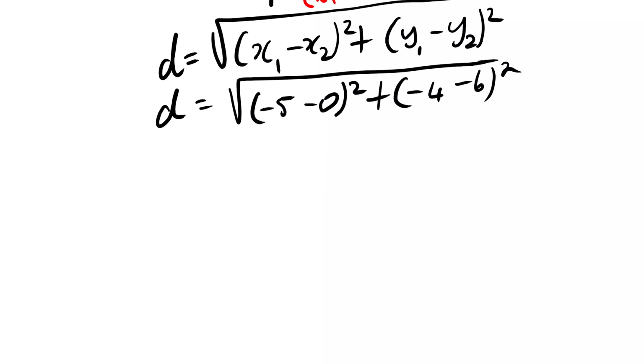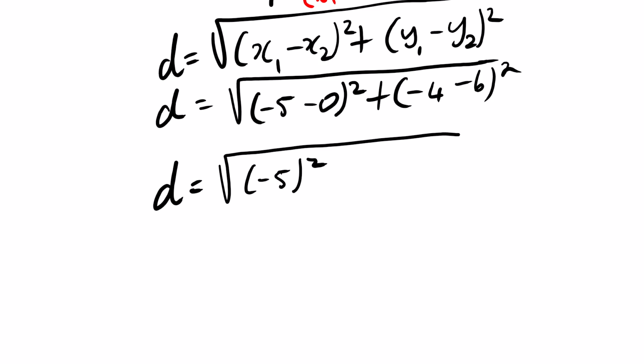Then from here we can simply simplify. So you have square root of -5 minus 0, it's simply (-5) squared, plus -4 minus 6, it's (-10) squared.